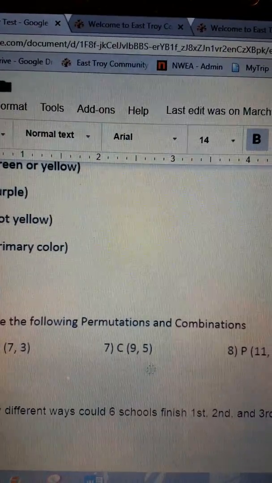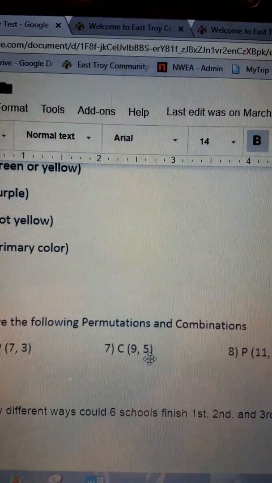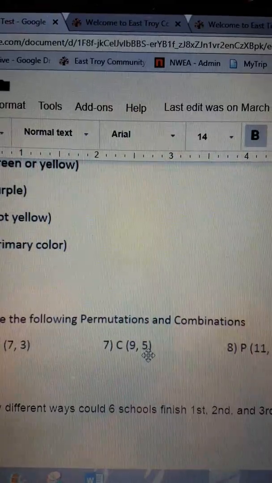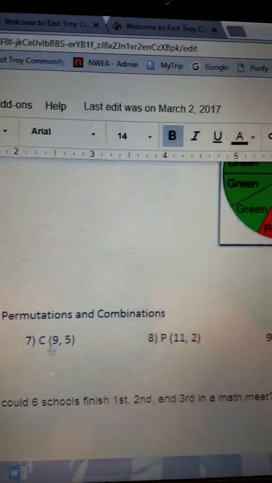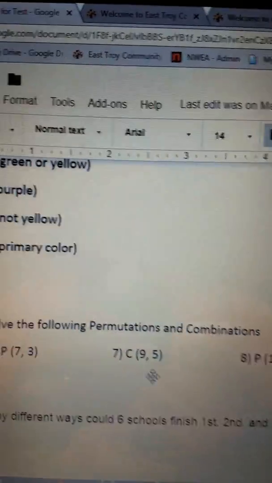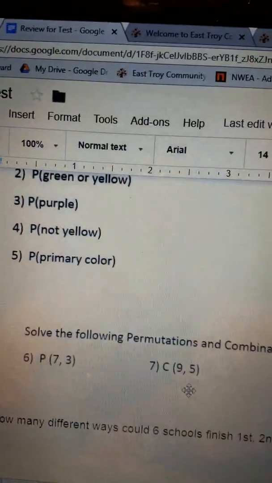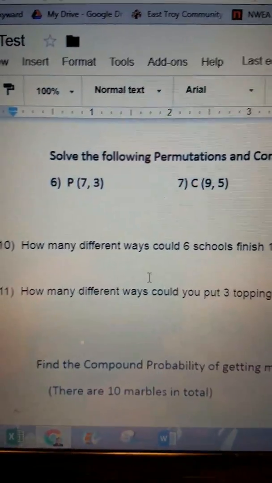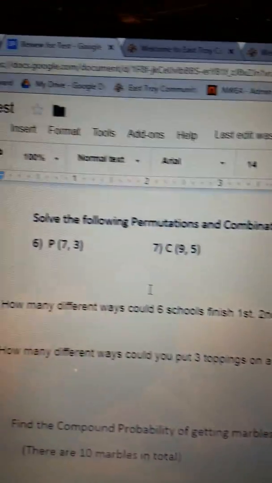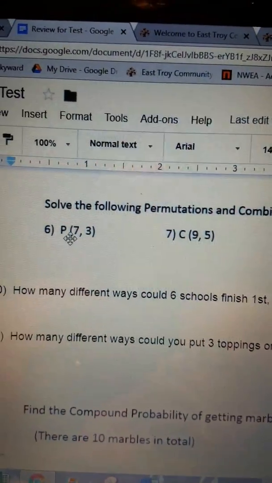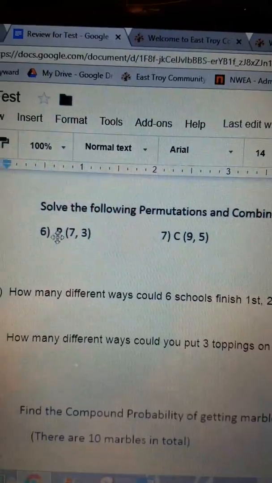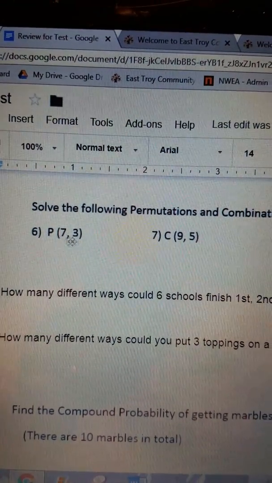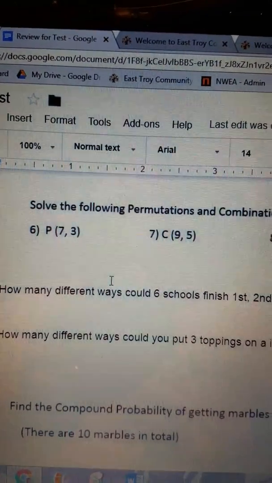But then we also have that fraction part underneath, which is the second number factorial. So for those, you're just going to be solving those. 6, 7, 8, 9, and 10. On 10 and 11, those are permutations and combinations. Now you'll have to set up which one's which. Remember, permutations, the order matters. Combinations, the order did not matter.